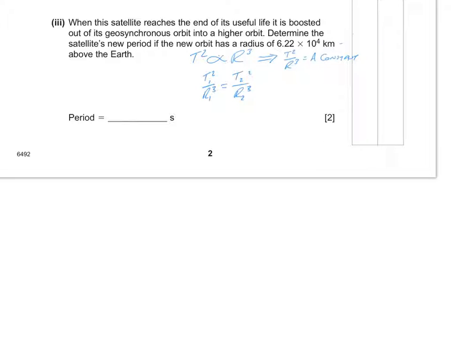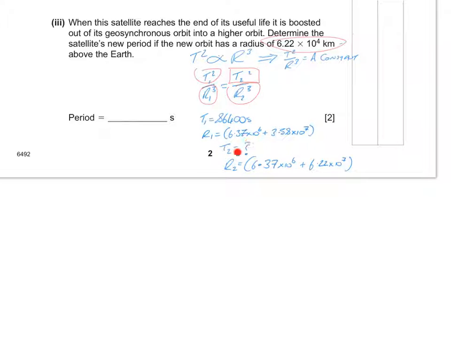So we know these things from the first part of the question. We are interested in this, and this is just found using the new number and the radius of the Earth. So there's only one unknown. So these two numbers here just come from the first part.